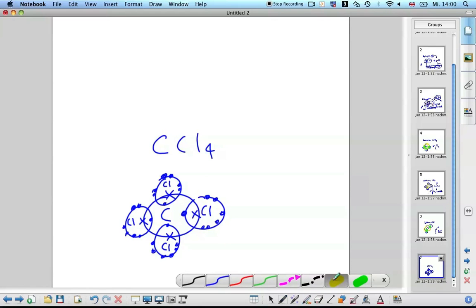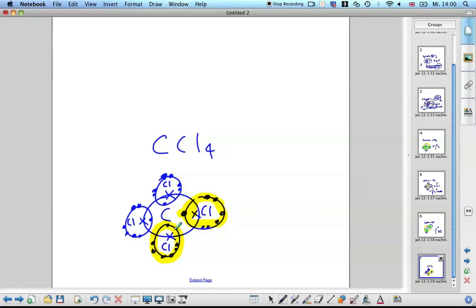And you should be able to see that round about every chlorine, there are 1, 2, 3, 4, 5, 6, 7, 8. Each chlorine has 8. But the carbon has 1, 2, 3, 4, 5, 6, 7, 8.